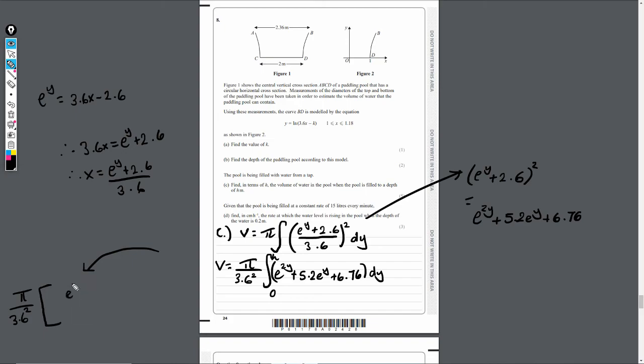Because we're integrating e to the 2y, over 2, plus 5.2 e to the y, like so, and it'll be plus 6.76 y. Sorry, getting muddled up, 6.76 y. There we go. Okay, and this is between h and 0.